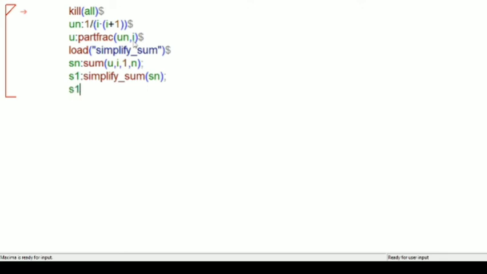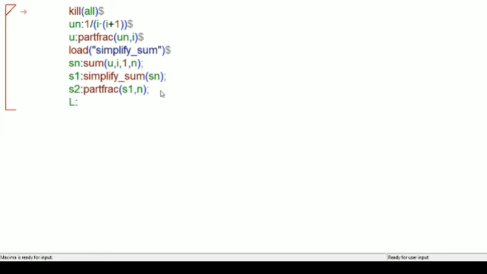Then let's factorize this using the command partfrac and store this answer in S2, with respect to the variable n. We want to display this, so let's use a semicolon. Then after this, we want to find the limit.